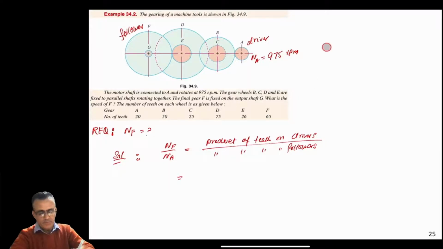If you look at this figure, you need to calculate NF, and NA is given, which is 975.